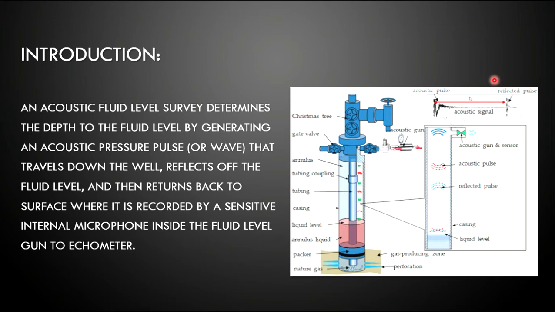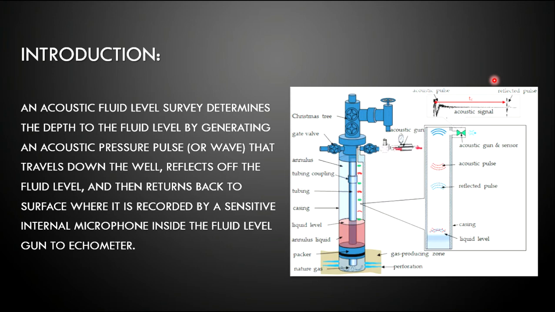Then here at the wellhead, as you see, we have a Christmas tree with a gate valve. On the gate valve we have a pressure gauge. We remove the pressure gauge and then we install the gas gun, so we connect it.